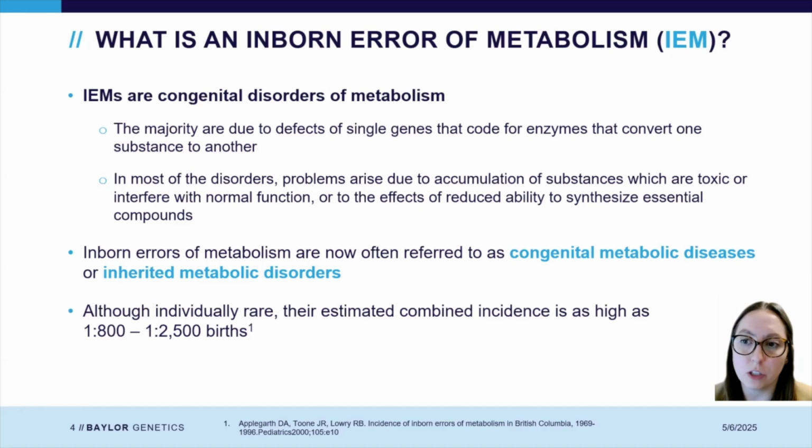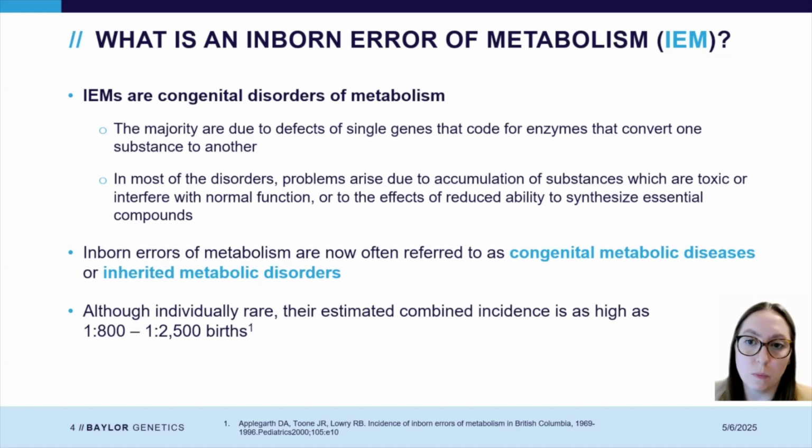This enzyme typically functions as a biological middleman, converting one substance into another in the body. When that enzyme is absent or dysfunctional, that conversion process breaks down. As a result, three main problems can occur. A toxic substance may accumulate. A normal substance may build to harmful levels that interfere with cellular function. Or the body may lose the ability to synthesize essential compounds needed for growth, energy, or cellular maintenance.